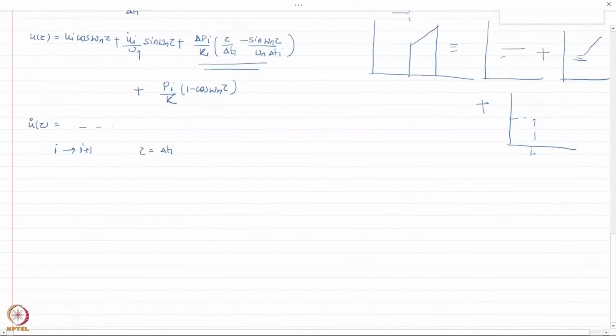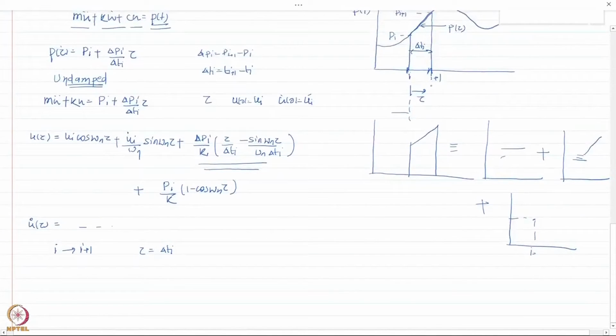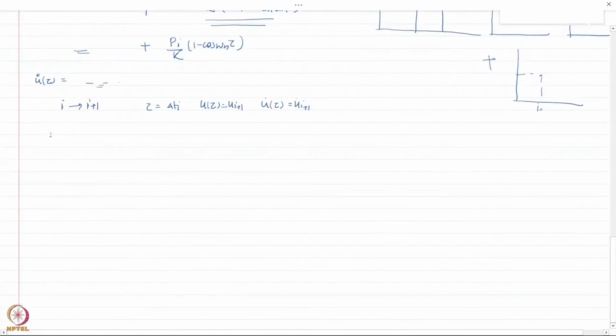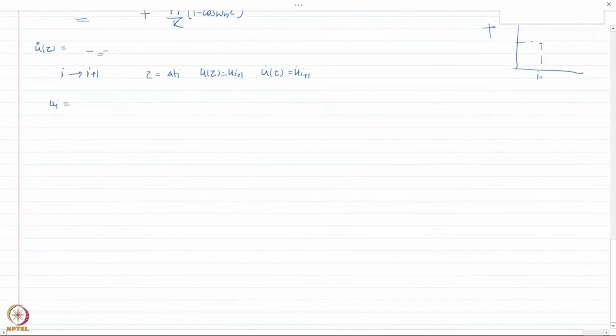When tau becomes delta t_i, I reach step i+1, so u of tau becomes u_(i+1) and u dot of tau becomes u dot_(i+1). I do this in the expressions I have obtained, and I get u_(i+1) and u dot_(i+1) as functions in terms of known parameters from previous steps: the displacement and velocity at step i+1.